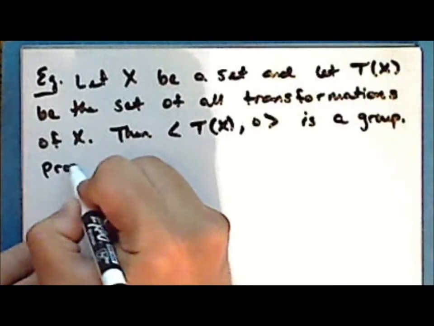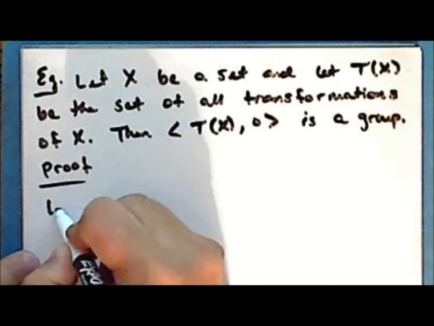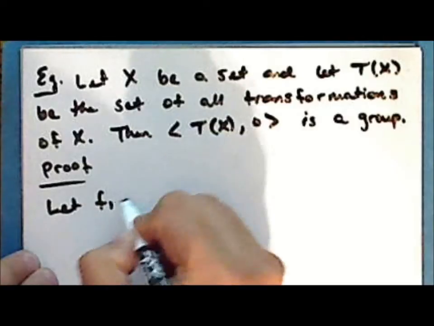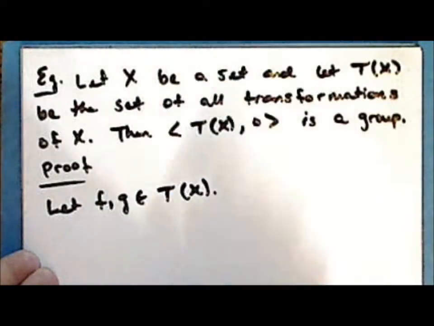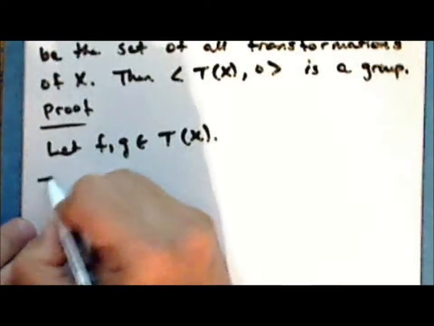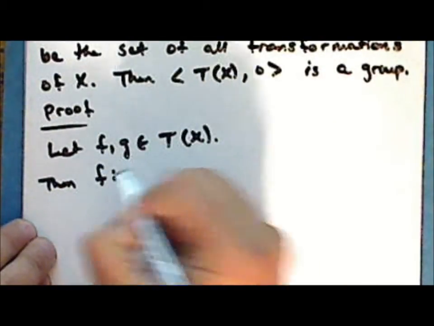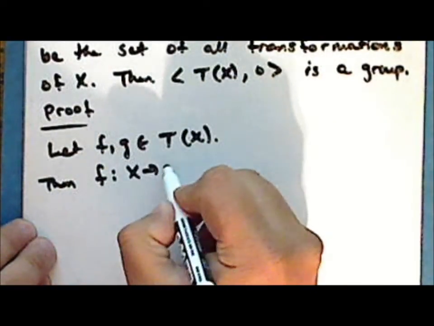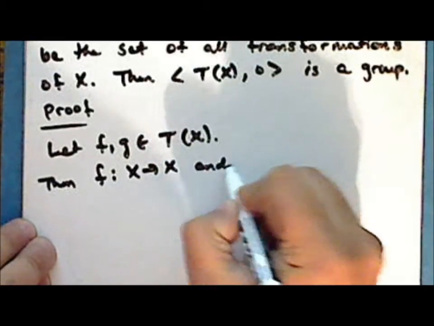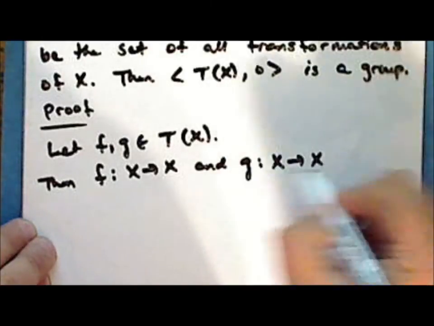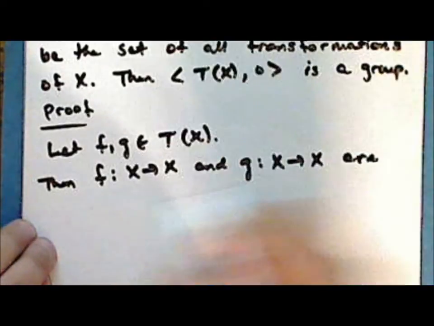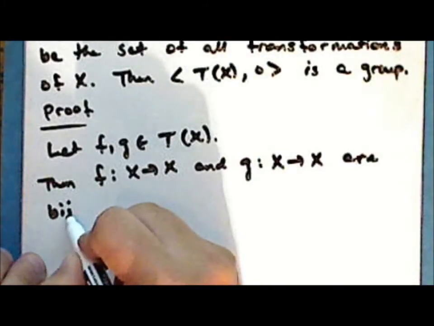So proof: let F and G be two transformations in the set of all transformations of X. Then the function F is a map from the set X into the set X, and G is a map from the set X into the set X, and both F and G are bijections.